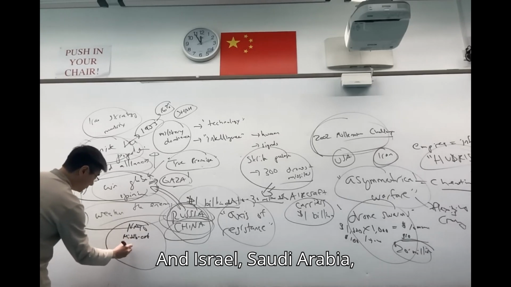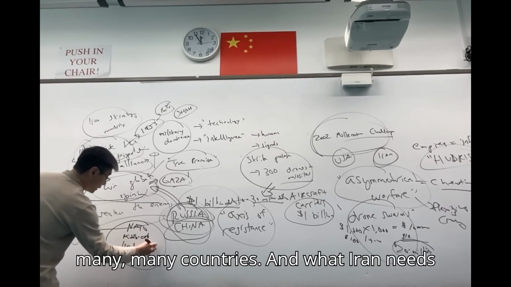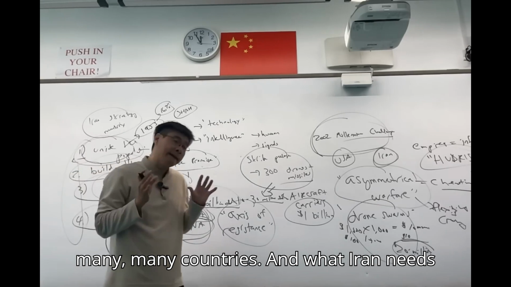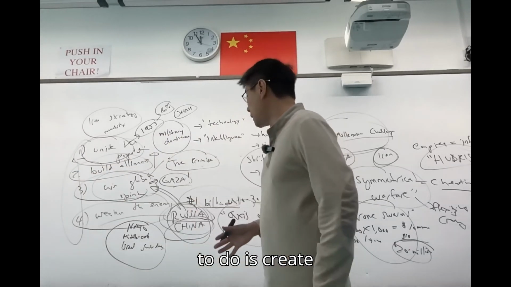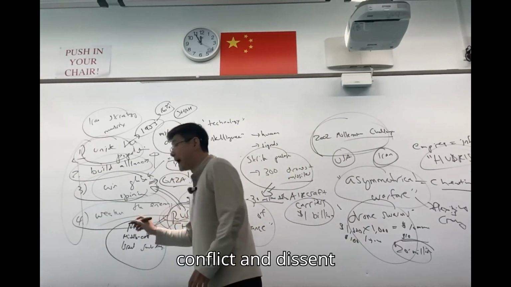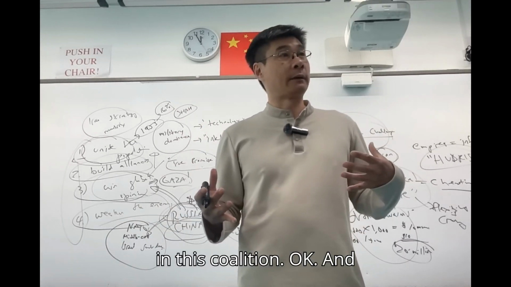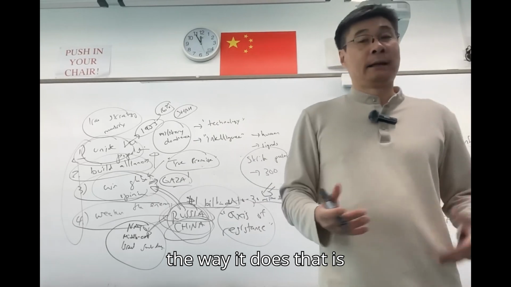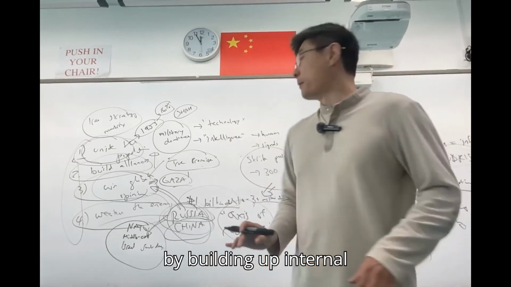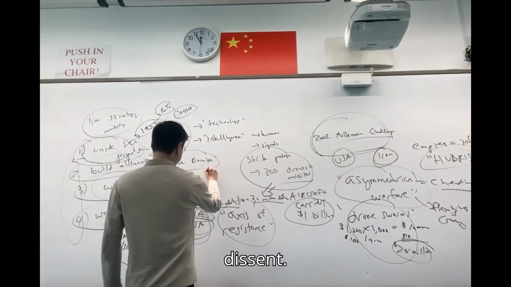And Israel, Saudi Arabia, many, many countries. And what Iran needs to do is create conflict and dissent in this coalition. Okay? And the way it does that is by building up internal dissent.